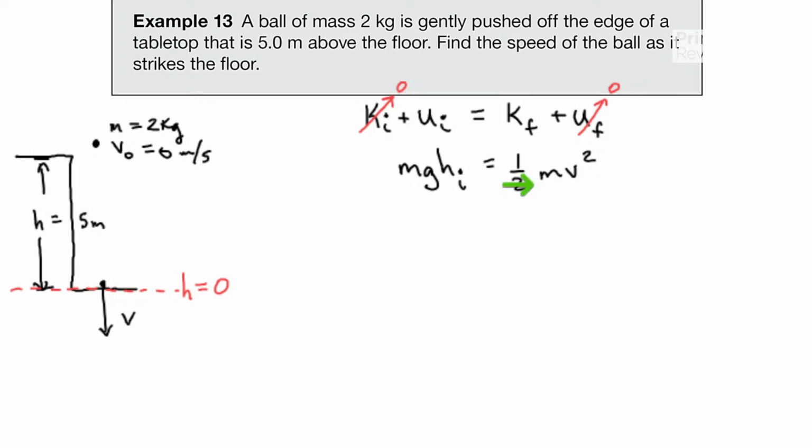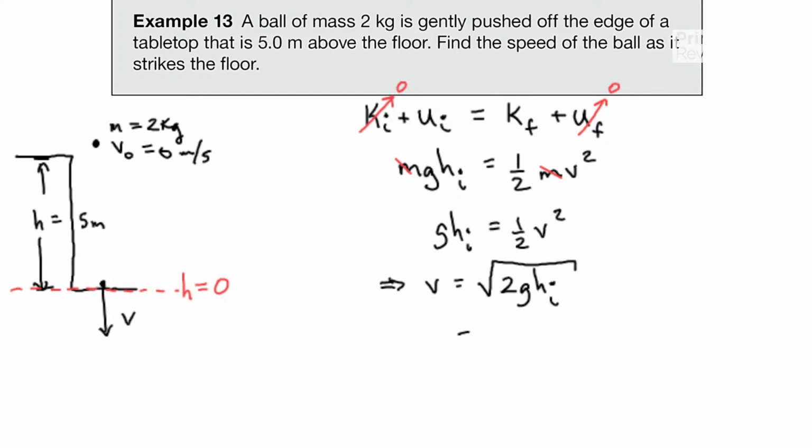But why deal with all that extra math and make the numbers all the bigger? Because notice if mass is found on both sides, we could divide through by mass and cancel it out. That would leave us with just g h initial is 1/2 v final squared. And then to isolate for v final, we could multiply both sides by 2, take a square root on both sides, and now we can plug in our numbers.